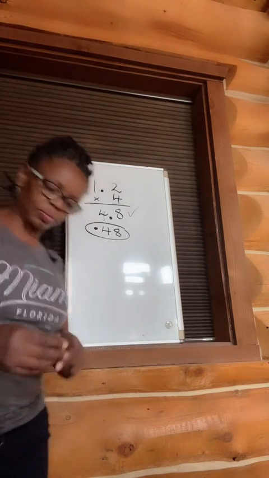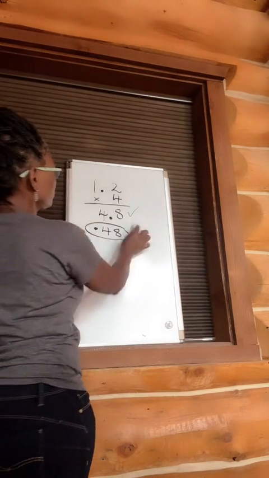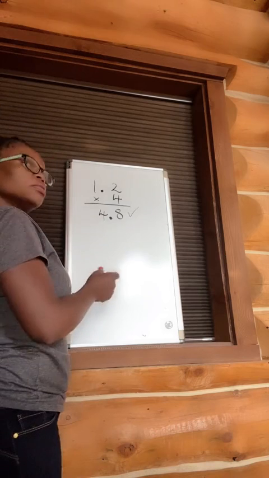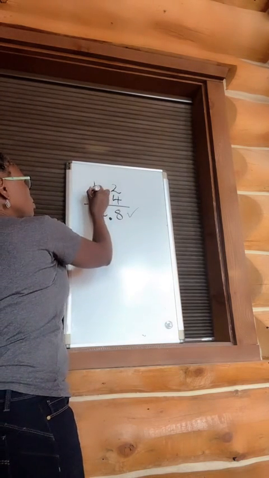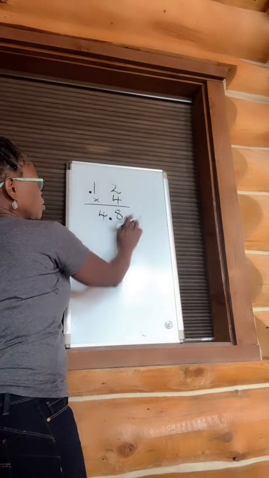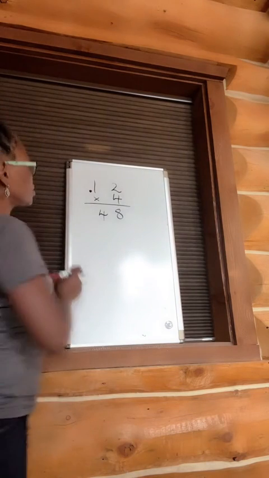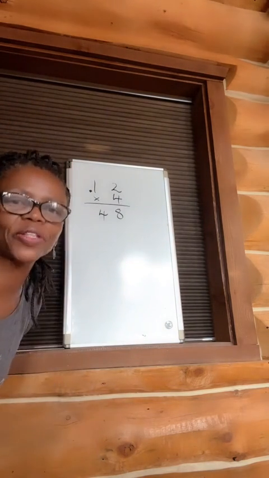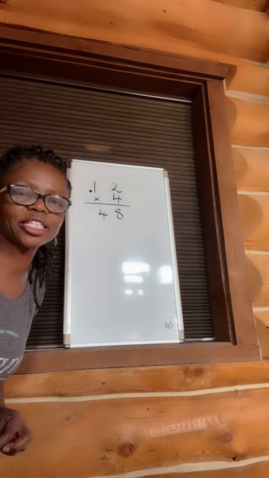All right. Another example. Let's multiply decimals. Okay, where should we put our decimal this time?